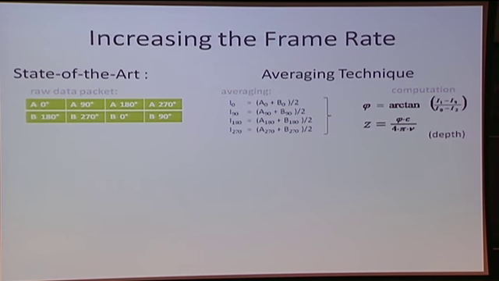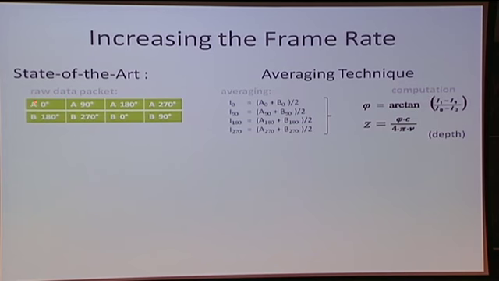This different photo response would result in errors, and as I mentioned, there are averaging techniques to prevent these errors. A typical raw data package acquired by a camera looks like shown here, so this axis here is basically the time.